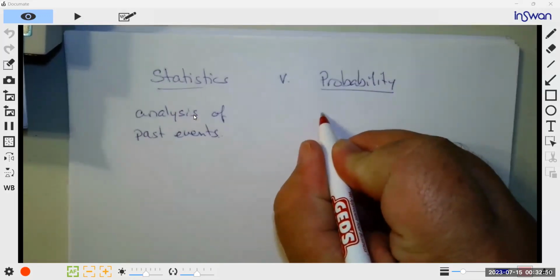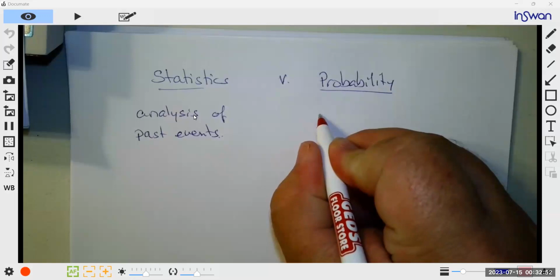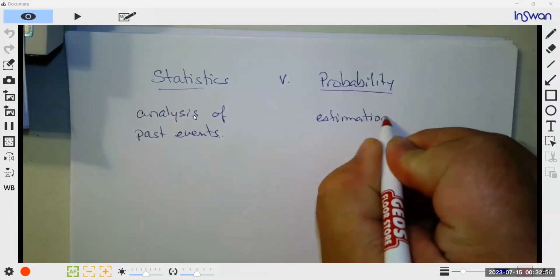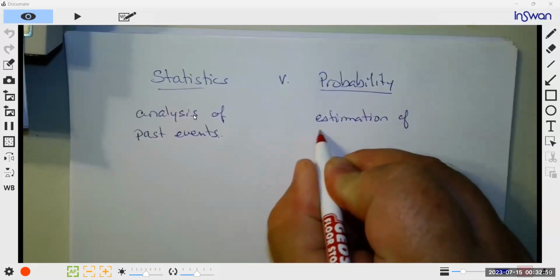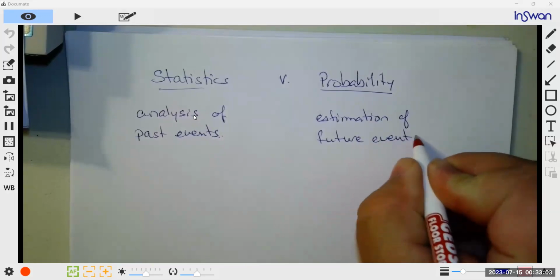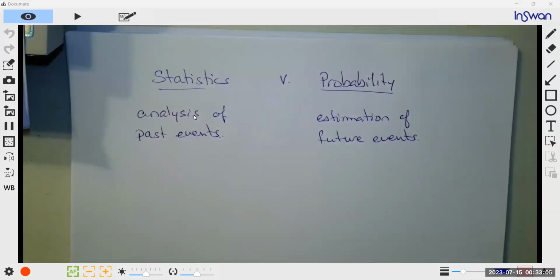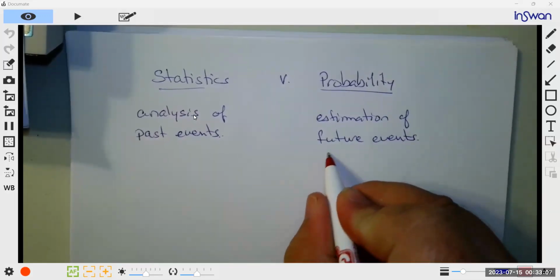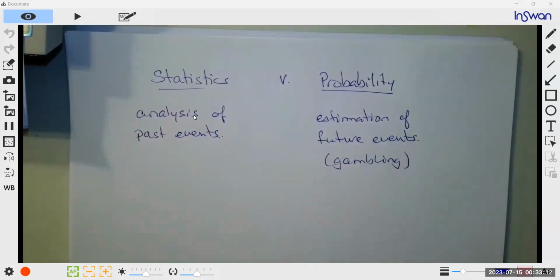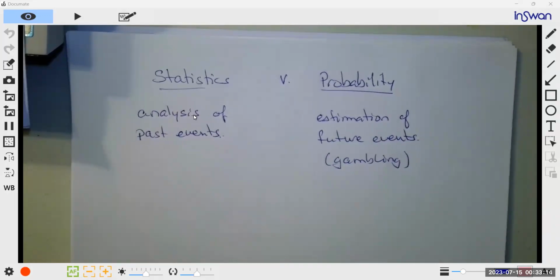Probability is an estimation of future events. For example, gambling. Actually, we see this before every sporting event, like on Sundays when we have professional football.